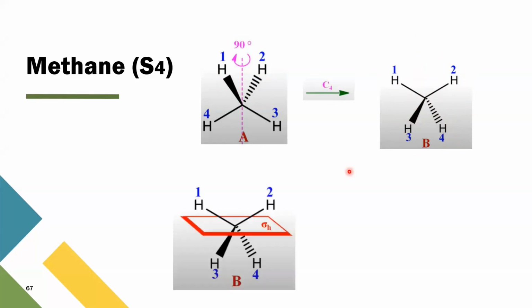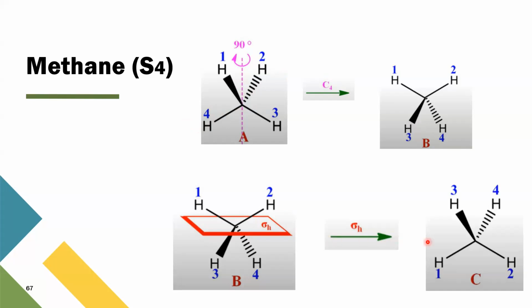Then you do the reflection perpendicular to this rotation. So you rotate by C4 and you have a reflection through a horizontal plane in between. Then you get this molecule.